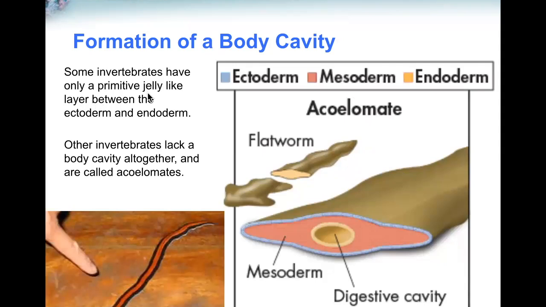Some invertebrates have only a primitive jelly-like layer between the ectoderm and endoderm. Other invertebrates lack a body cavity altogether, and they're called acoelomates. Here, the acoelomate, the flatworm, has an ectoderm outside, mesoderm inside, and then a digestive cavity in the inside, in the endoderm cells.